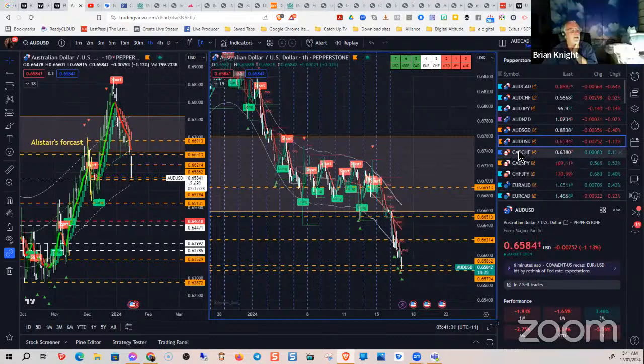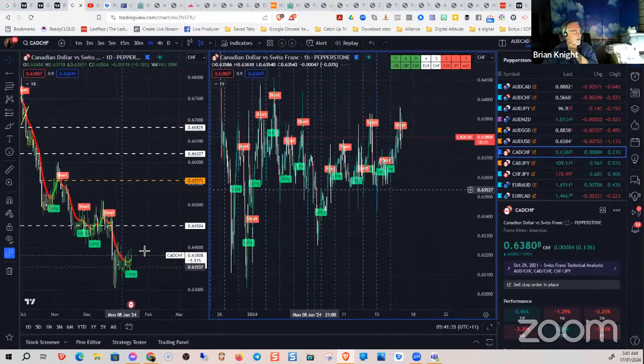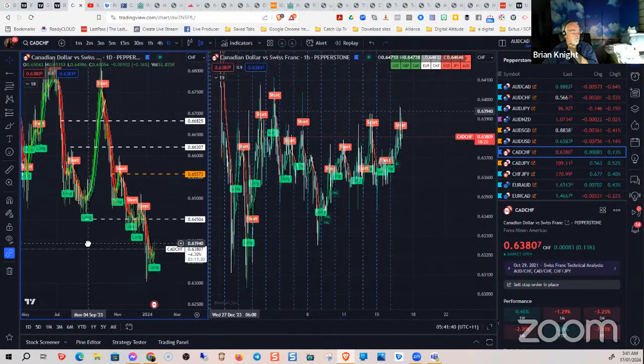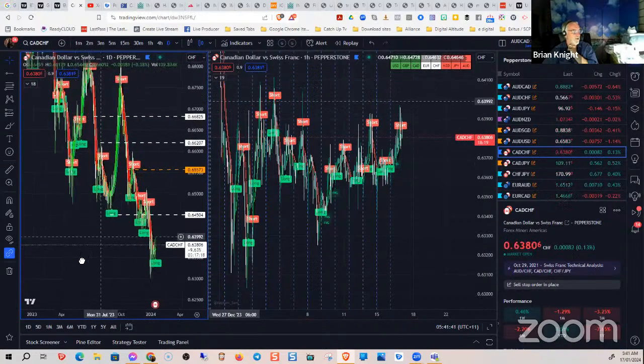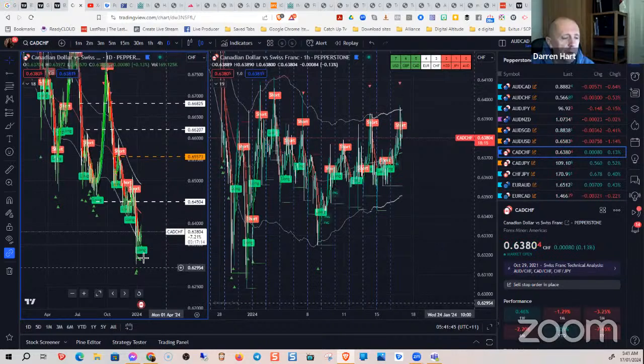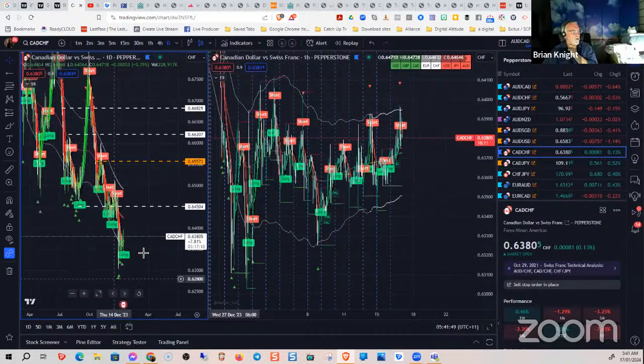So CAD CHF as well. You saw a bit of CAD strength. It's still on the daily, it's still going down. I've got a long now on the daily. Yeah, correct. So it's ready to go into buy.